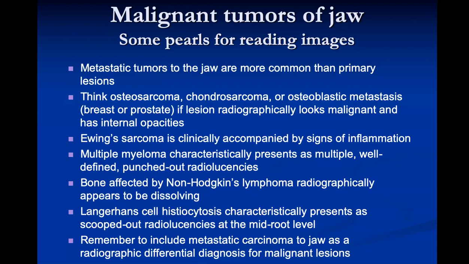So what are the things that look similar, that present in a similar fashion? And once you have that list, how do you differentiate? What is the one or two things about each of the lesions within the differential that would give you the hint and tell you which actual definitive diagnosis it is?